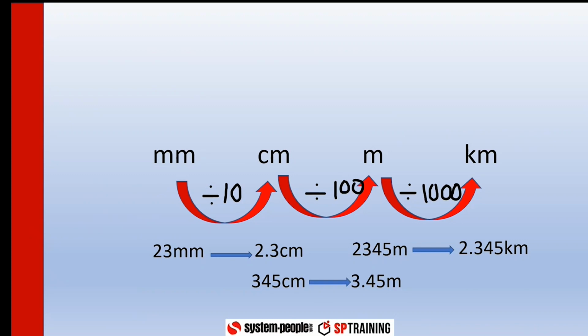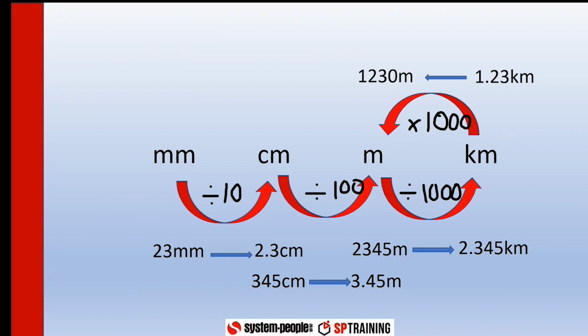But what about working backwards? Well, we start with kilometers. If we multiply our kilometers by 1,000, we will then get our meters. So if we've got 1.23 kilometers, multiply that by 1,000 and we get 1,230 meters. Don't forget to put the 0 on the end there as well.